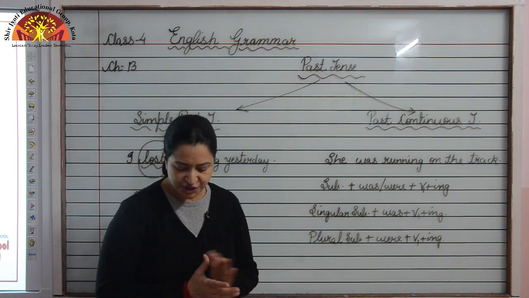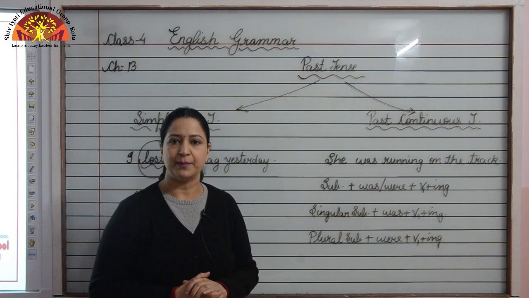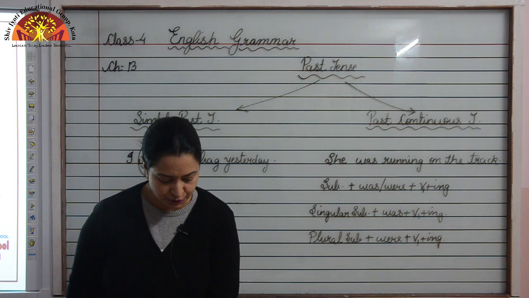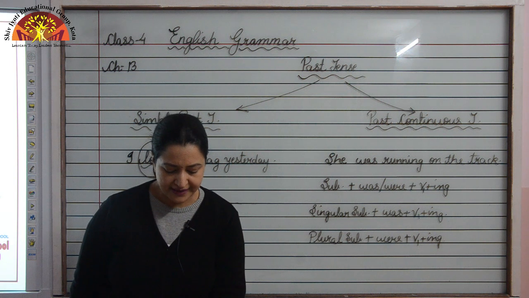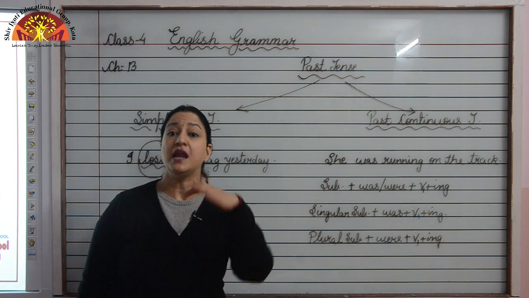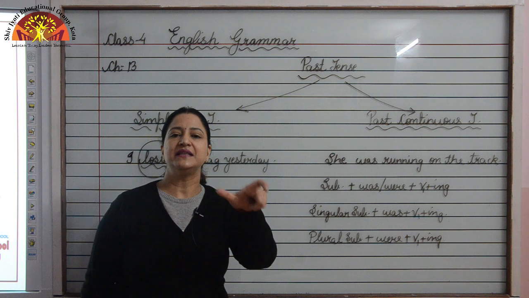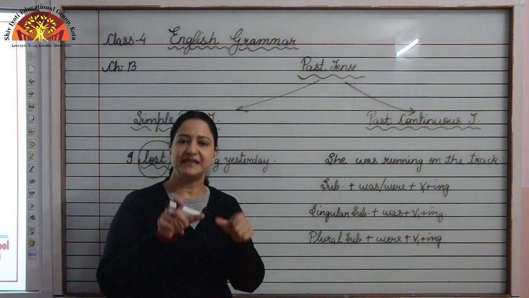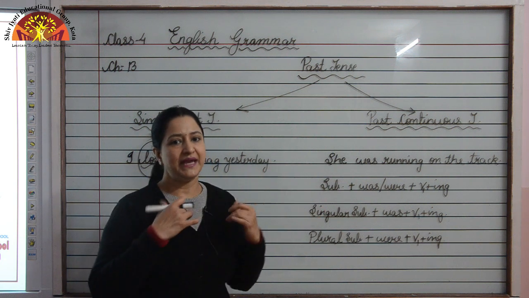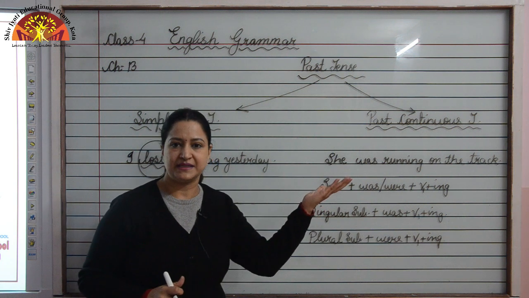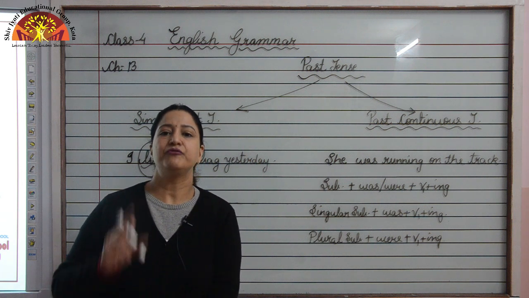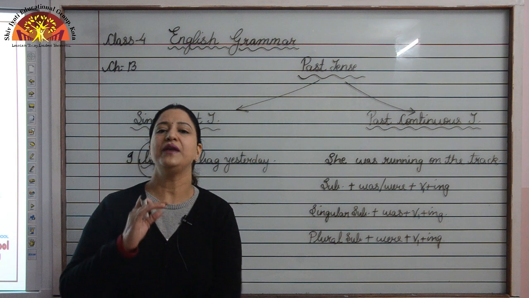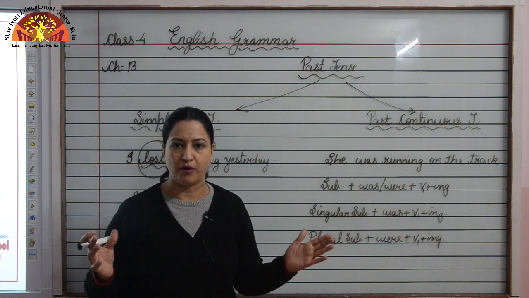Okay, come to page number 56, exercise number B. Okay, now sentence number 2, my father dashed me to a movie last week. Okay, now in this sentence what is given there? Last week. Now by reading this last week, we can say this sentence is in past tense. So here in bracket, first form of verb is given, take. Now to make it past tense, we have to change this into second form of verb.